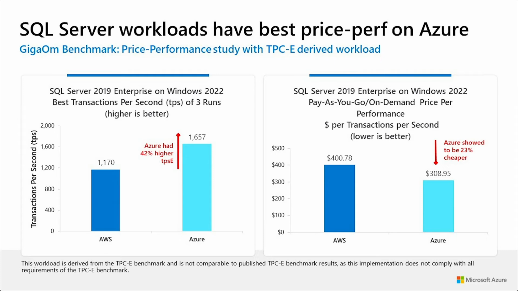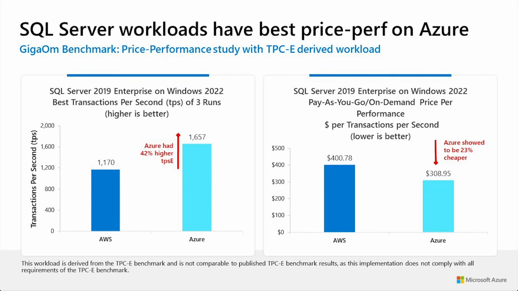The test configurations for the TPC-E and TPC-H are similar. They use the Microsoft SQL Server 2019 Enterprise Edition on Windows with Azure Standard E32 BDS V5 VMs and premium SSDs. On the AWS side, the instance was configured with Amazon EC2 R5P 8x large instance and GP3 volumes.